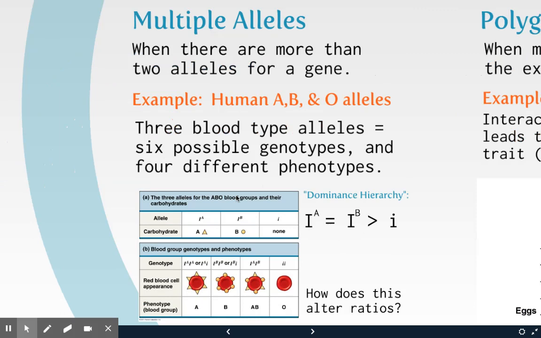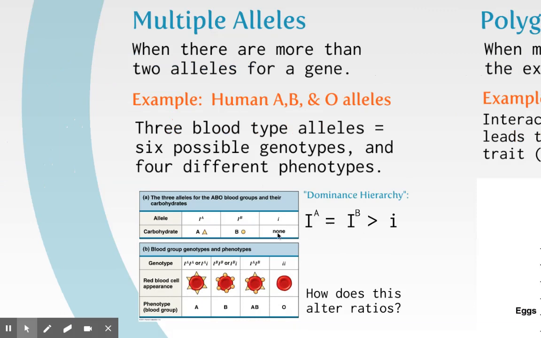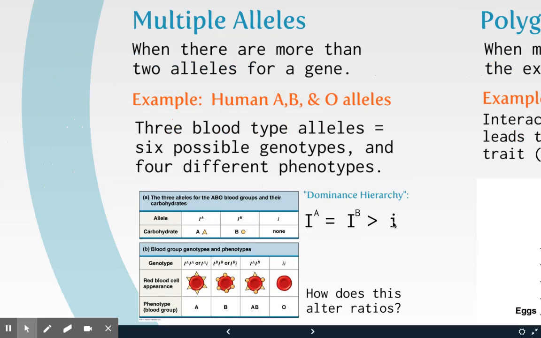Instead of just having a dominant or recessive, we have three different alleles. We have IA, a dominant A allele. It's equally dominant to IB, and both of those are dominant over i. So the recessive i allele represents our O blood type.